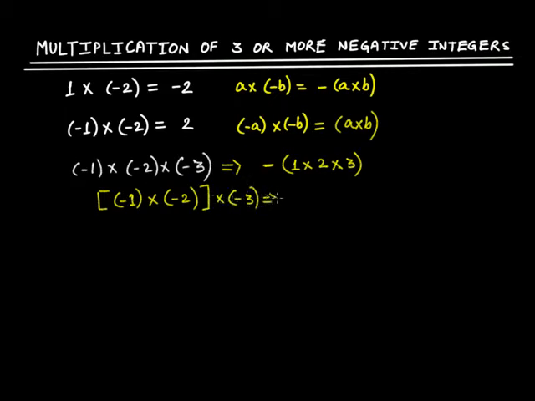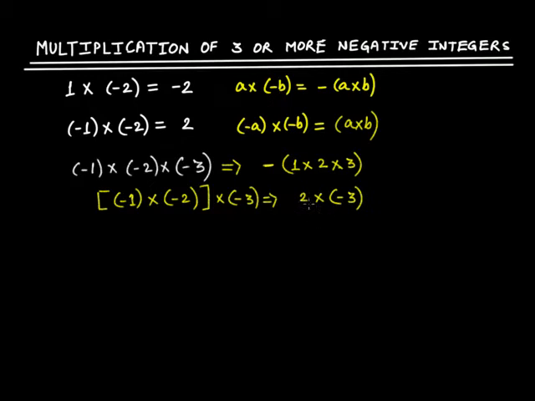So this is -1 times -2, that is, you have only two negative integers. By the two negative integers logic, you will have a positive result. 1 times 2 is 2, and since two negative integers are involved, the result in this case will be 2. So 2 times -3.